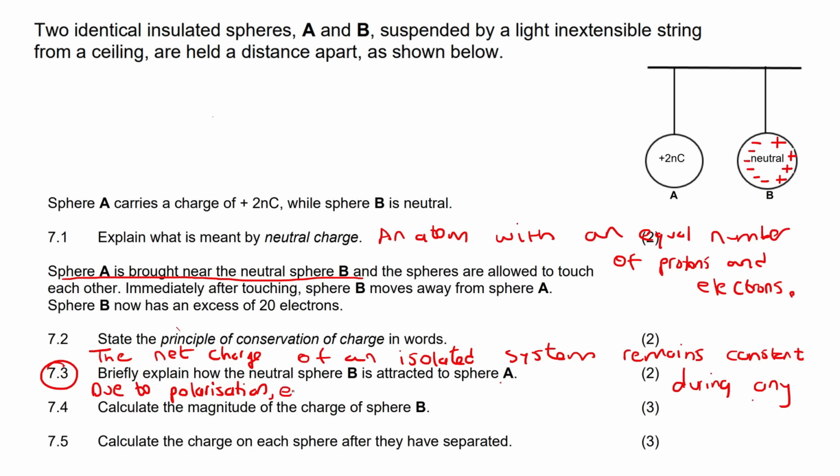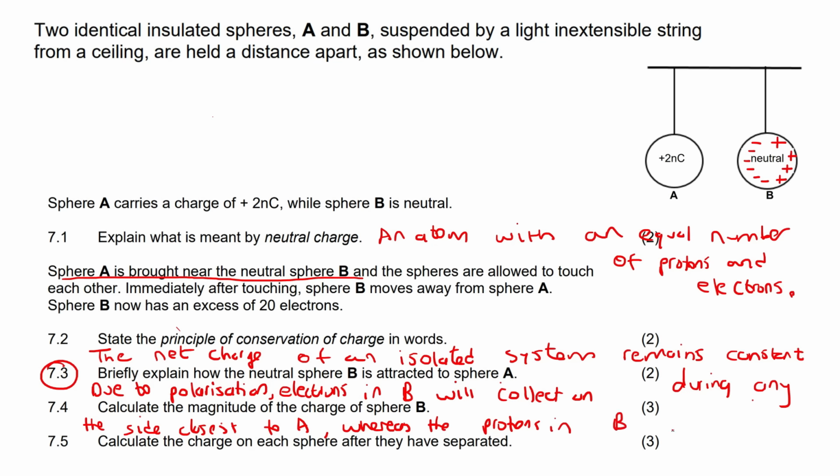So due to polarization, electrons in B will collect on the side closest to A, whereas the protons in B will gather on the side furthest from A. We can then say a negative charge is produced.